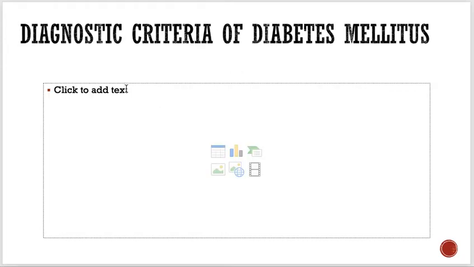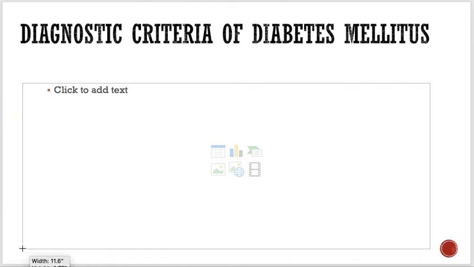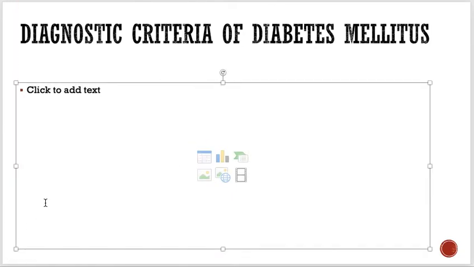Many people later ask me this question, that our glucometer results are 176, and you said the upper normal limit is 11.